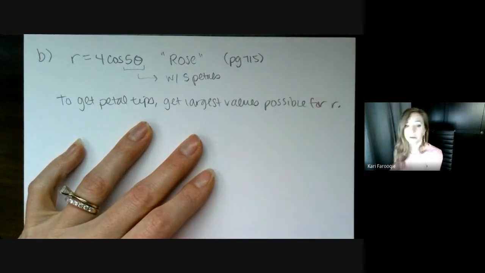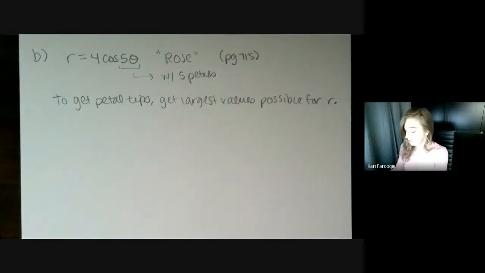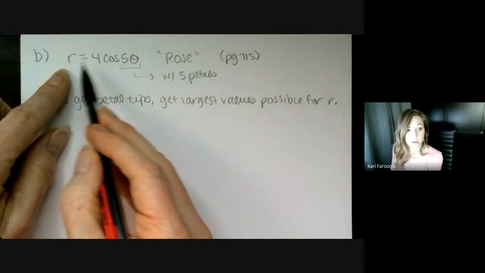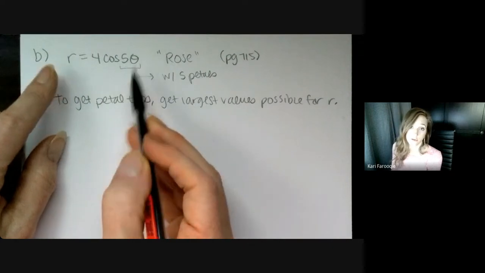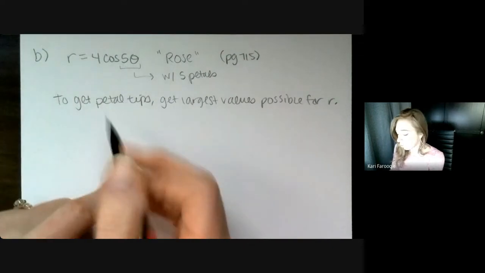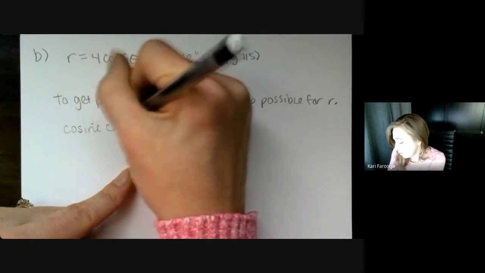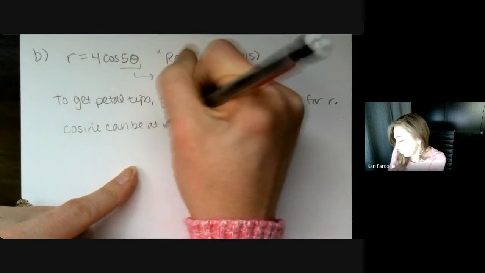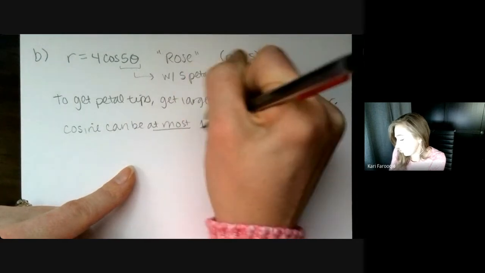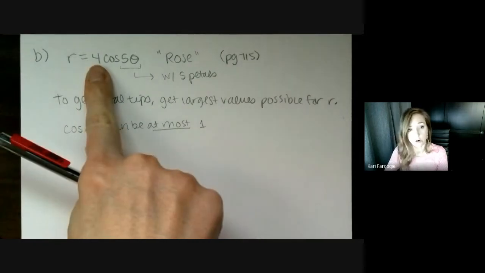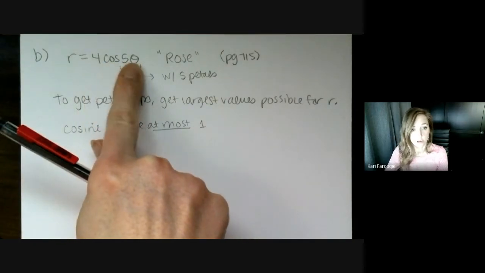for R. All right, so the way we're going to do that is, well, I know that, for instance, R is going to be as great as it possibly can be when cosine is as great as it possibly can be. Cosine can be at most 1. That means that your petal tips are going to be at most 4, because I'm going to have 4 times, and we're going to figure out when cosine is going to be 1.